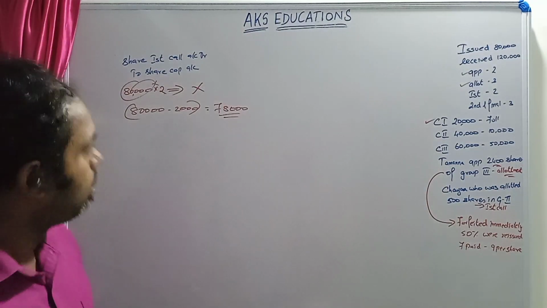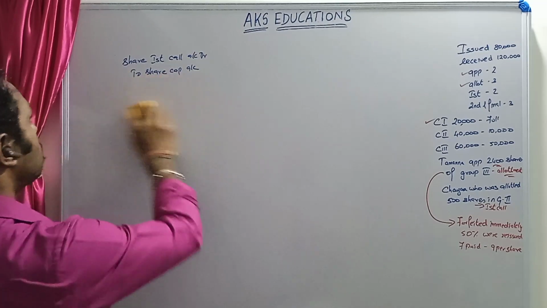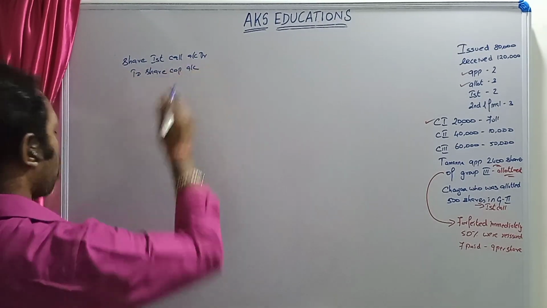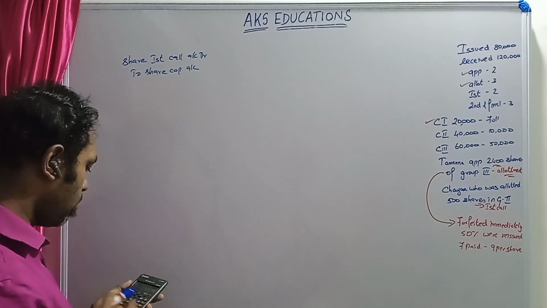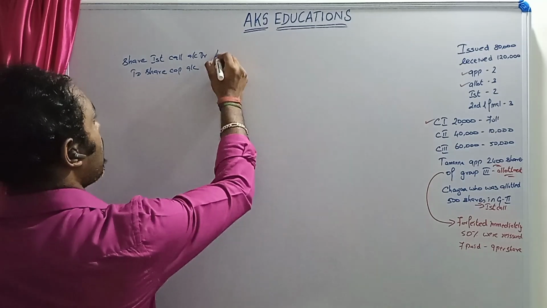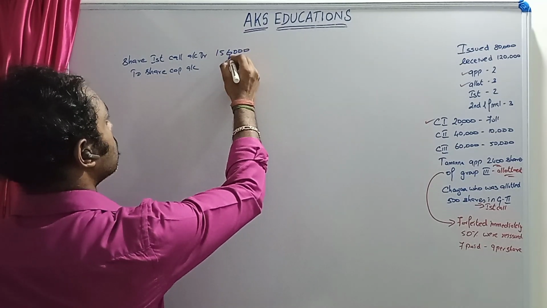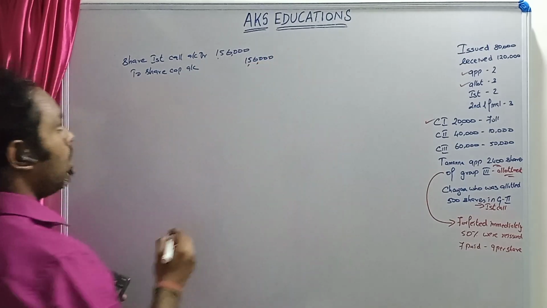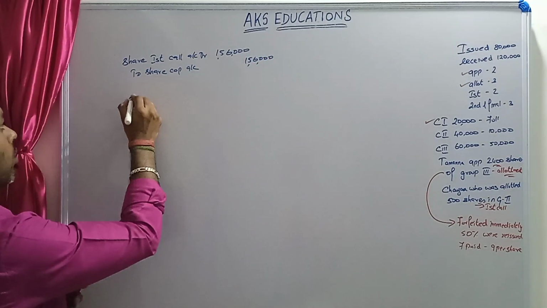Okay, so now we will be doing it. Alright, share first call. So 78,000 into 2. So it is 1,56,000. Alright. So next we'll do the bank one.